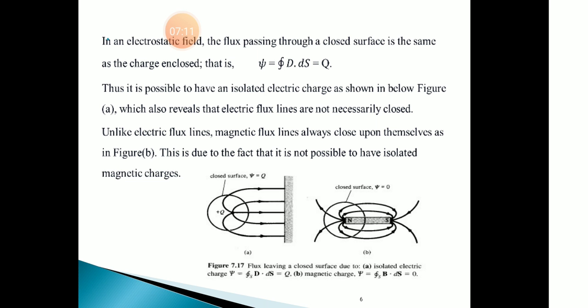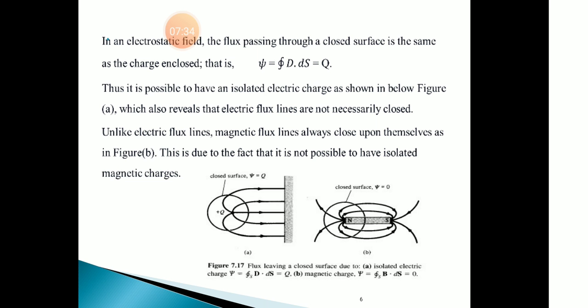If the flux passing through the unit area is not exactly at right angles, that means it is making some angle, then we have to use the dot product. If it is at right angles, it is simply the multiplication B bar dS. If it is not at right angles, we have to go for the dot product.